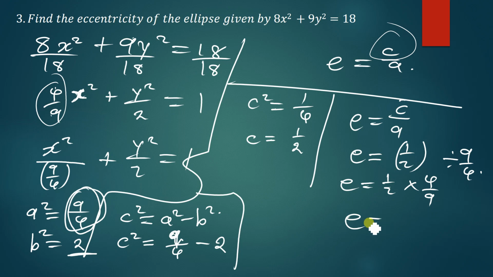So eccentricity is simply 4/18, which can be reduced to 2/9. All right, so this is the procedure you're supposed to take to find the eccentricity when you've been given the equation. So this is how you're supposed to do it.